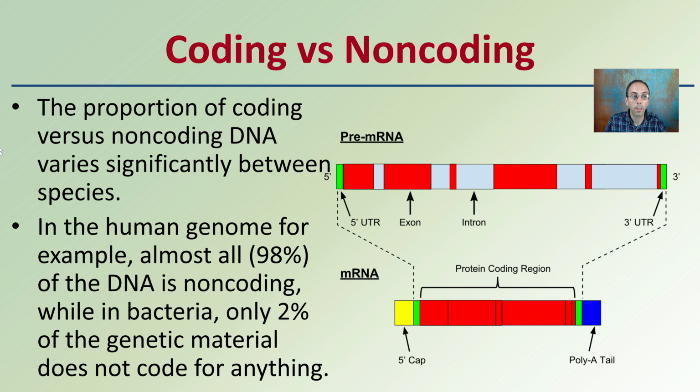Now, coding versus non-coding: the proportion of coding versus non-coding DNA varies significantly between species. In the human genome, for example, almost all, or 98% of the DNA is non-coding, while in bacteria, only 2% of the genetic material does not code for anything.